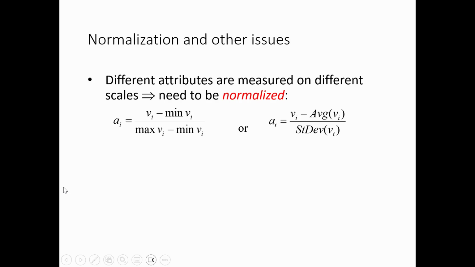Therefore, you have to normalize your data, usually to values between 0 and 1. For example, subtract the minimum value and divide by the max minus the min.